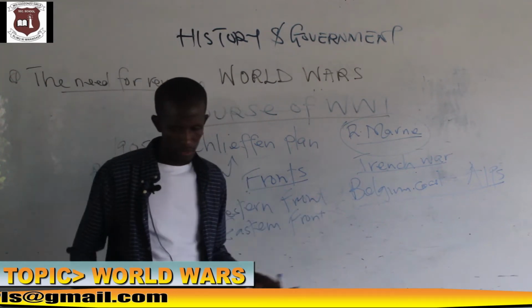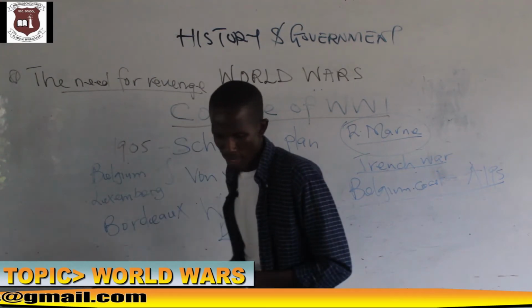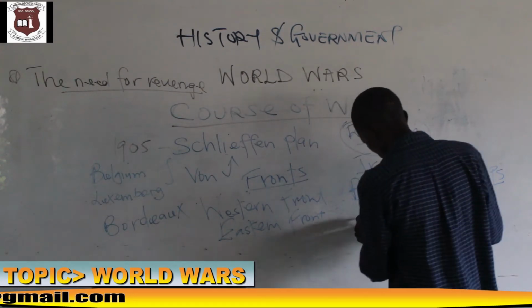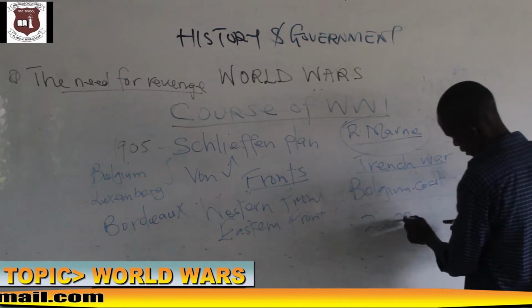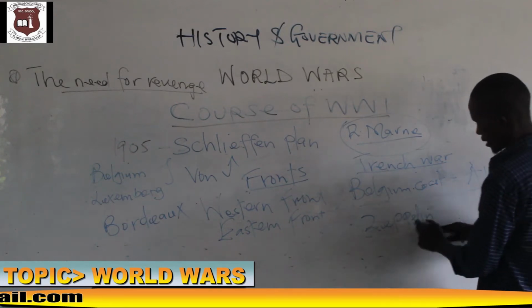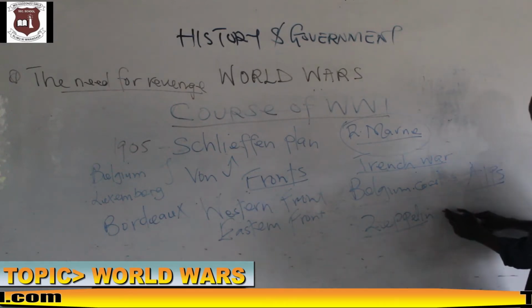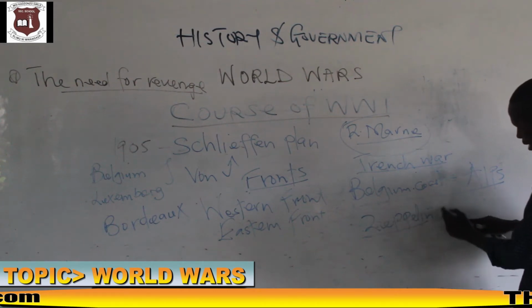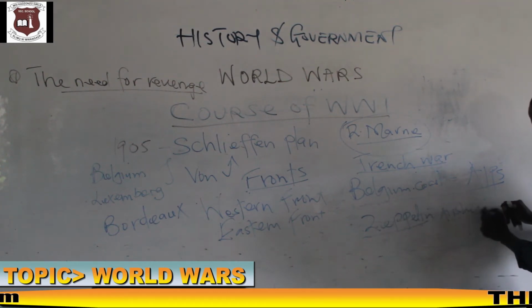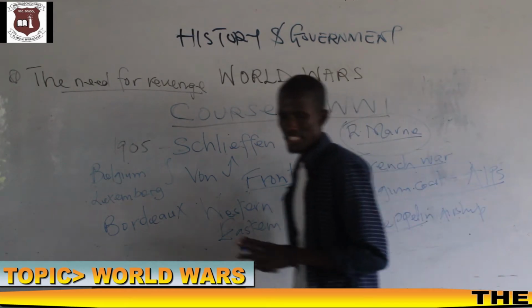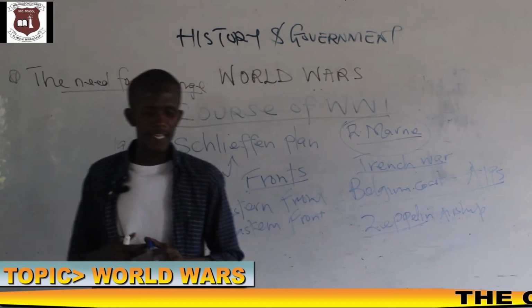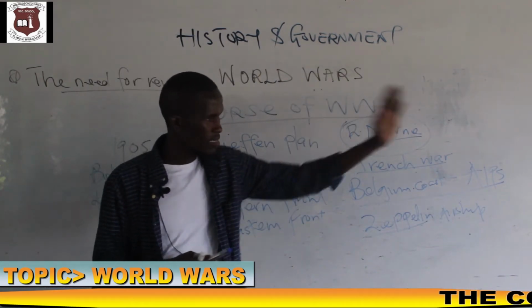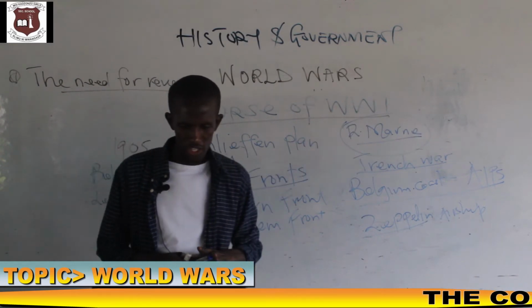For instance, Germany used an airship known as Zeppelin. So during this time, they were advancing in weaponry. They used the Zeppelin airship to attack the British and the French.